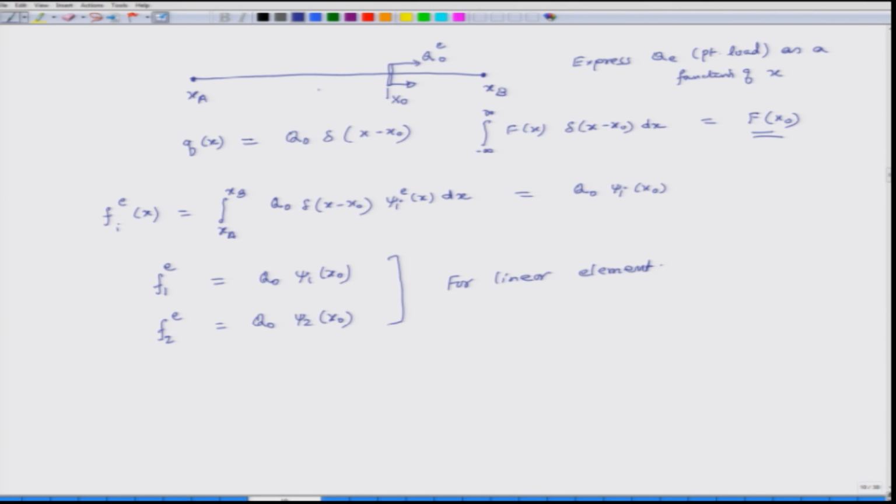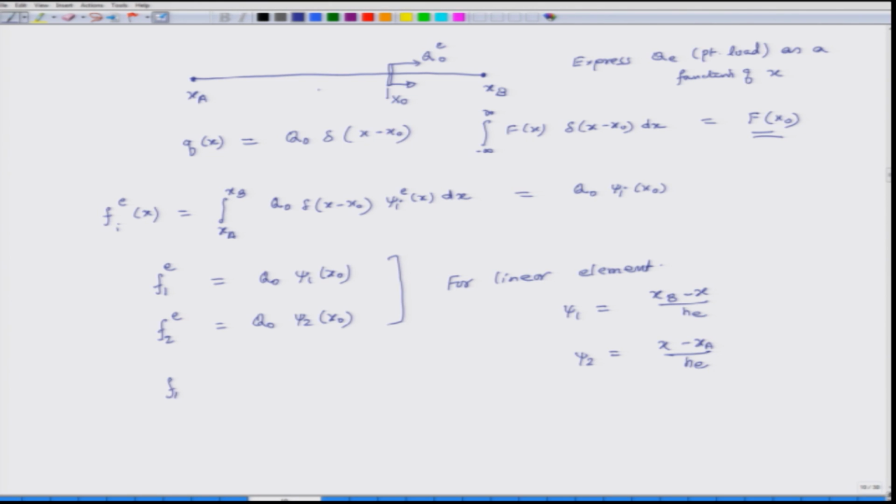Okay. Now we know that psi 1 equals xb minus x over he, and psi 2 is equal to x minus xa over he.